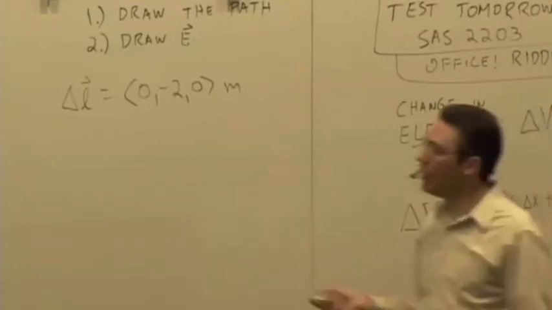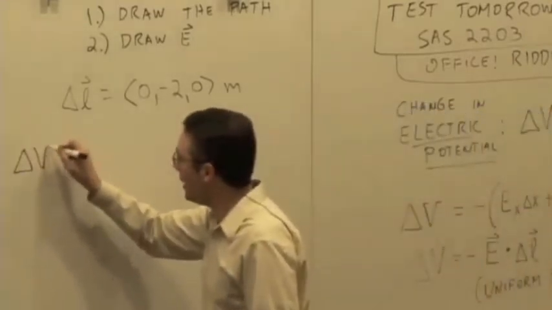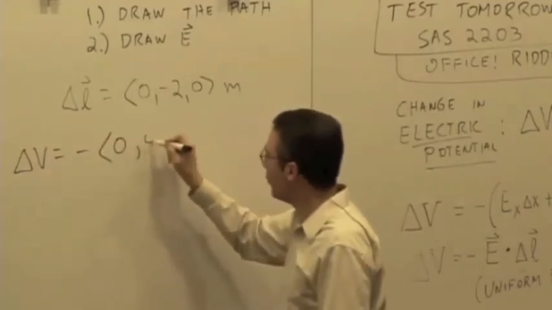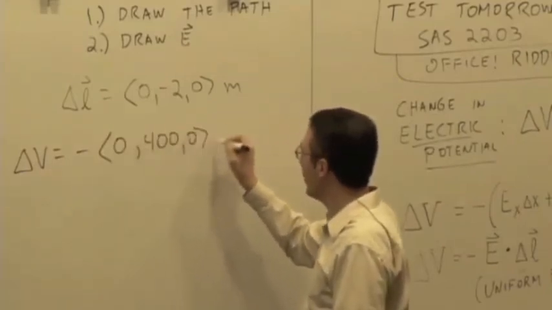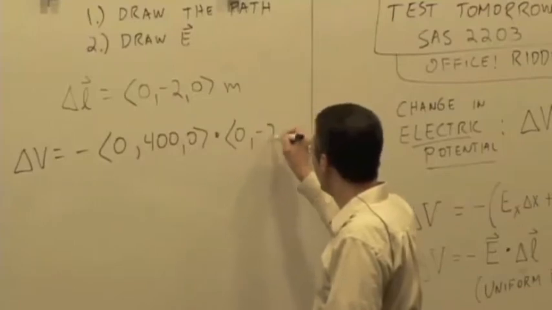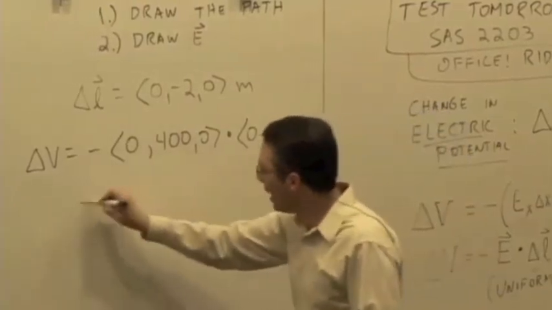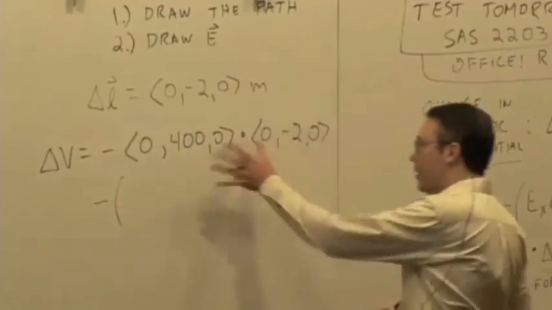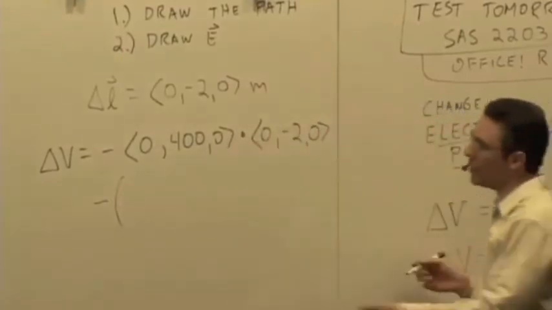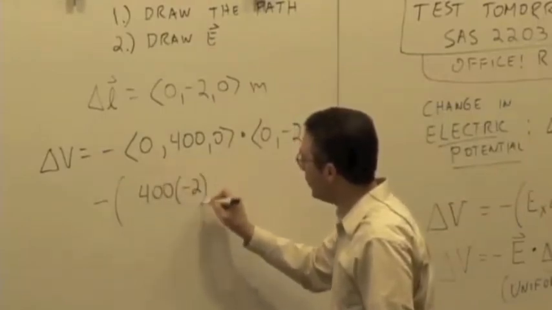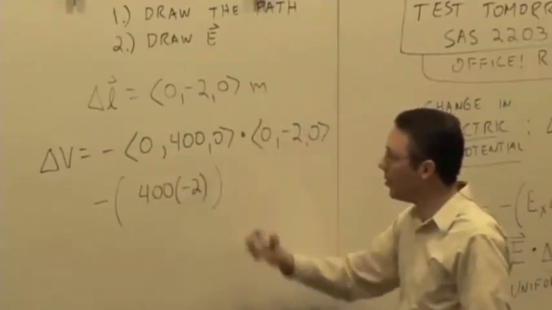Electric field is upward, and delta V is a negative of that dot product, 0, 400, 0, dotted with 0, negative 2, 0. And we have negative out front, 0 times 0, 0 plus 400 times negative 2 plus another 0.